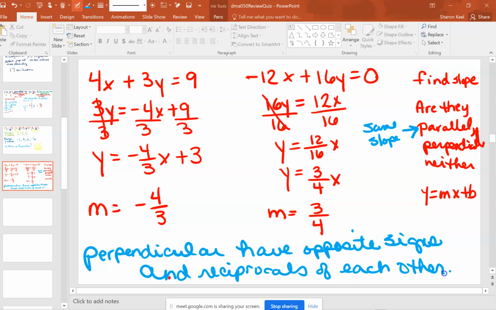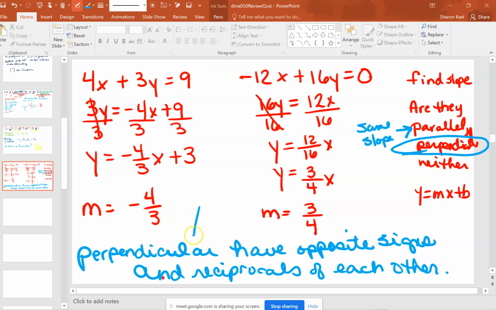So let's check that out. Negative, positive. This is 4/3. This is flipped. It's 3/4. These are reciprocals. One's positive, one's negative. So our answer for this is that yes, they are perpendicular lines.